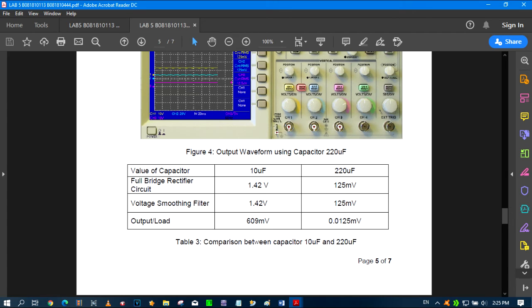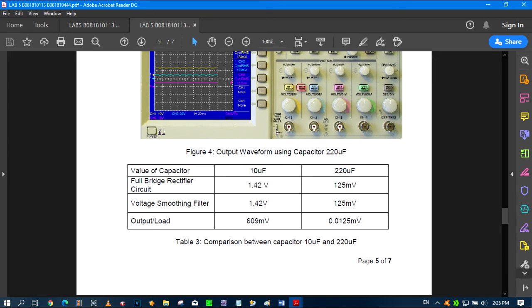Here, the 10 microfarad capacitor is charged to the peak voltage of the output DC pulse, but when it drops from its peak voltage back down to 0 volts, the capacitor cannot discharge as quickly due to the RC time constant of the circuit.